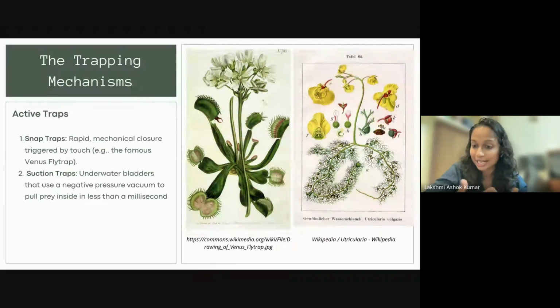You might have seen them in paddy fields or small ponds, etc. So these utricularias are very underrated plants, I would say, because their trapping mechanism is the suction trap, and it is considered to be the fastest moving plant part in the world. That means you can understand how quick their snapping mechanism is.